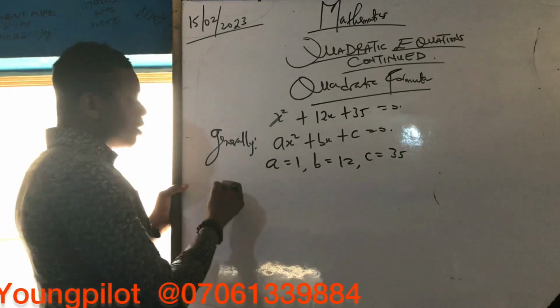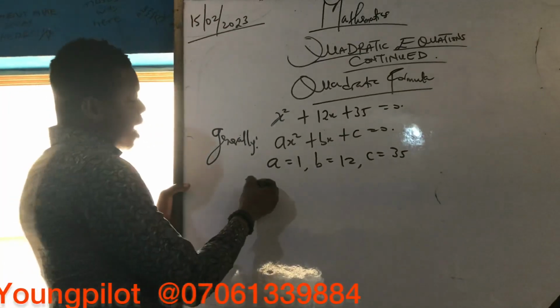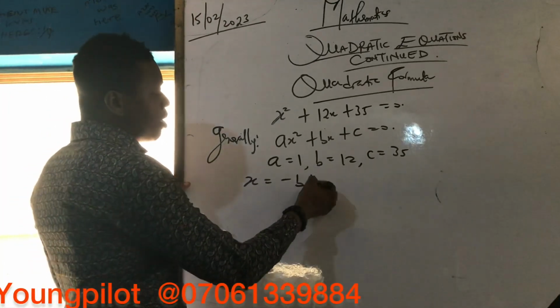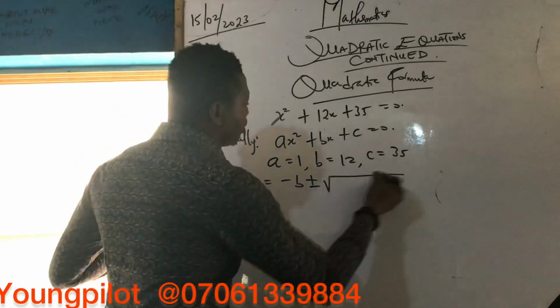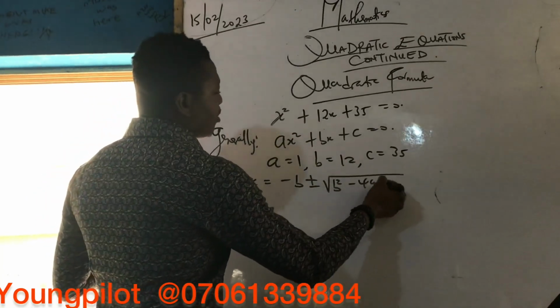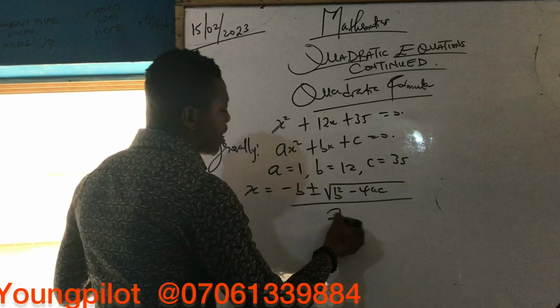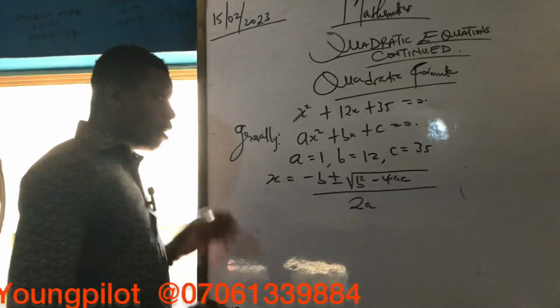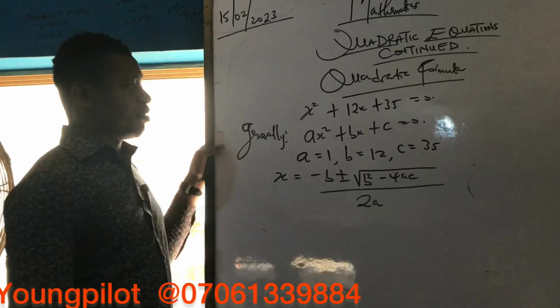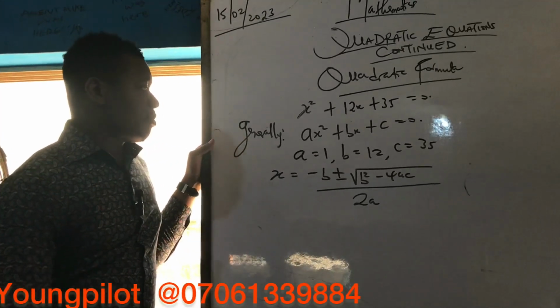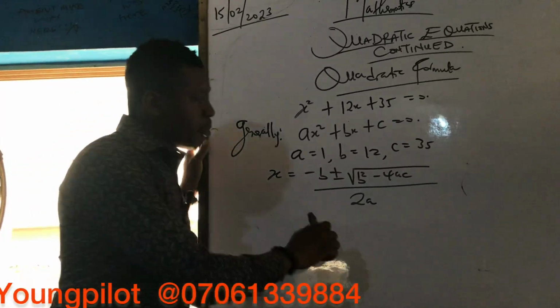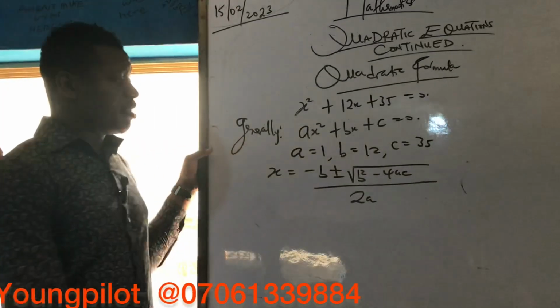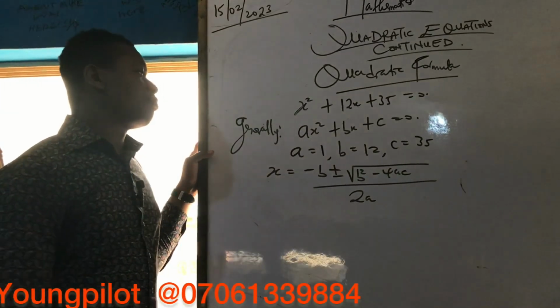Now, let's recall the quadratic formula. x equals minus b plus or minus square root of b squared minus 4ac, divided by 2a. Everybody should remember this. Minus b plus or minus square root of b squared minus 4ac over 2a.